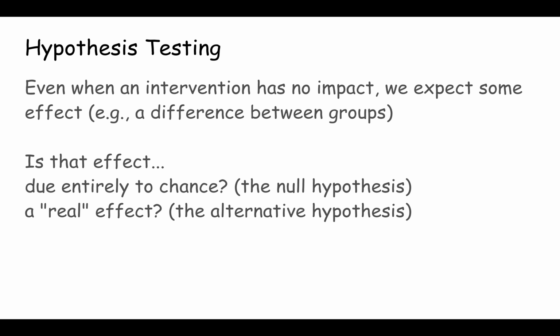So what we want to know is, is the difference between the groups when the study is done due entirely to just chance or time or random factors, or is it some sort of real effect from the intervention?